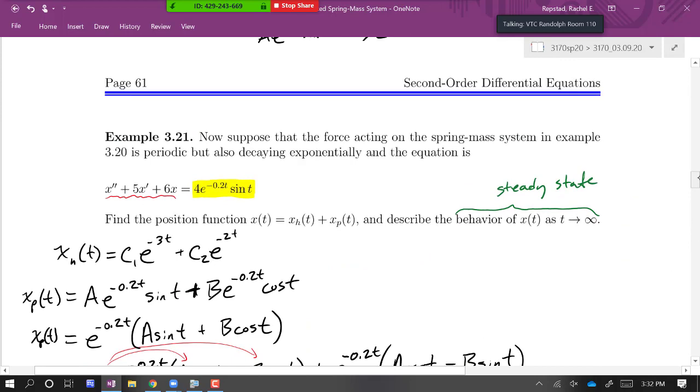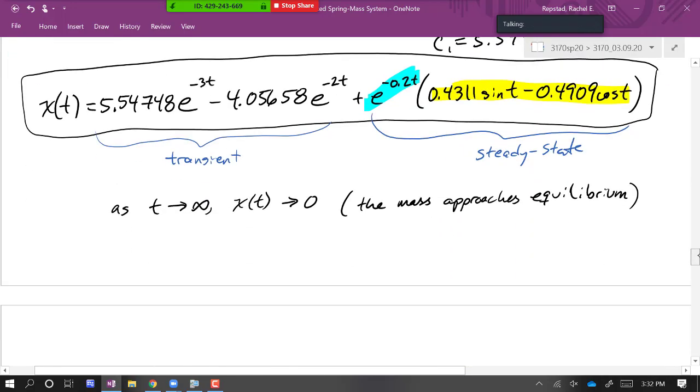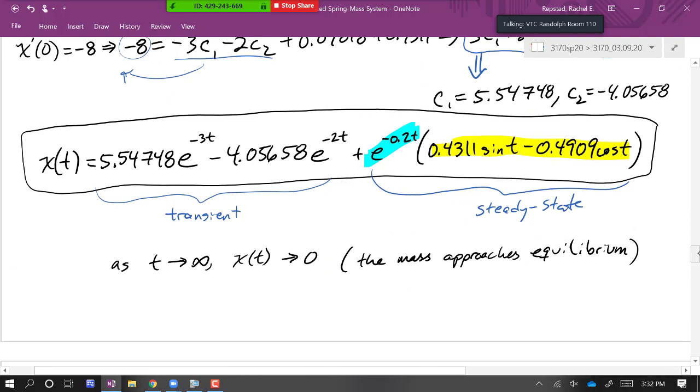From the very beginning, it had that periodic factor of sine t, but we were multiplying that forcing function by an exponential decay. We know that as t increases, that forcing function itself is going to approach 0. So maybe it is not so surprising that the position approaches 0, that it approaches equilibrium.